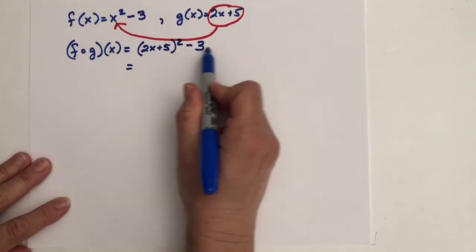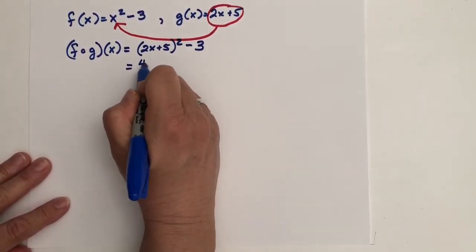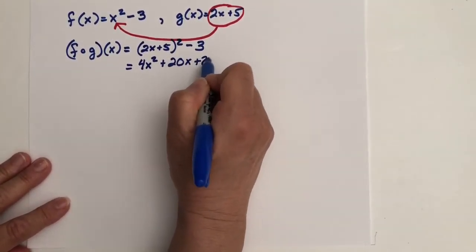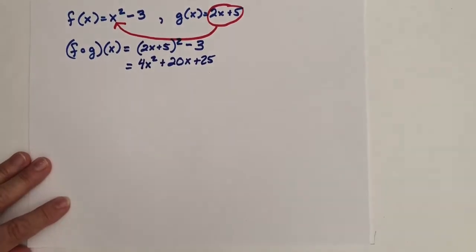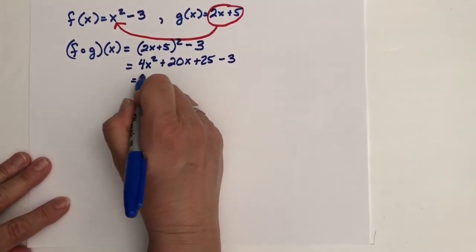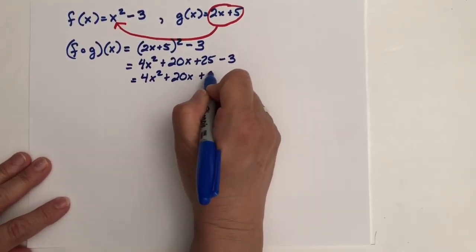And generally we simplify, so I would square this binomial, so we get 4x squared plus 20x plus 25. Go to scratch paper if you need to do that calculation. Then we have minus 3, so we have 4x squared plus 20x plus 22.